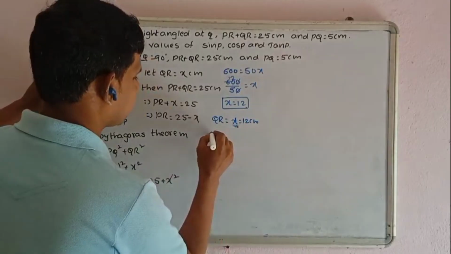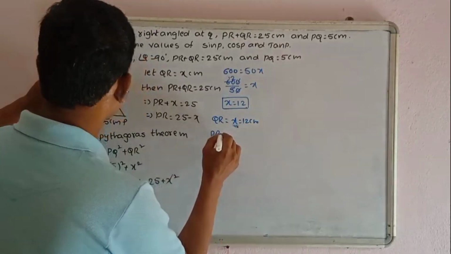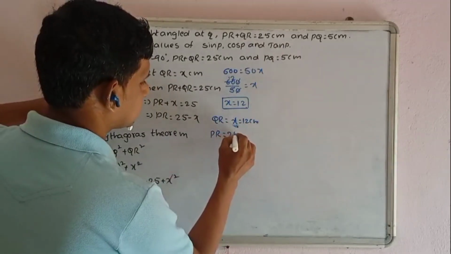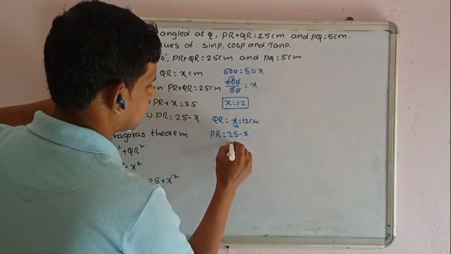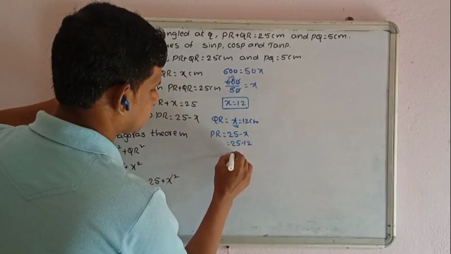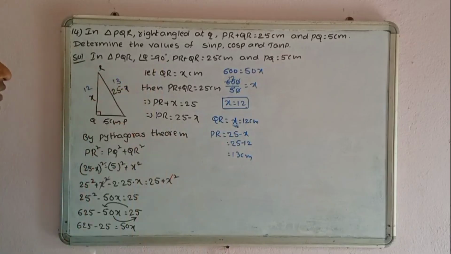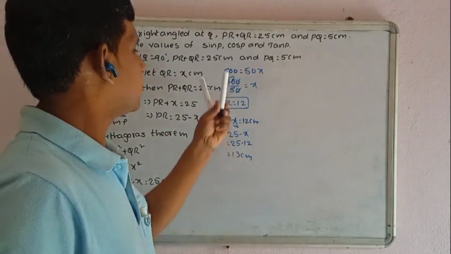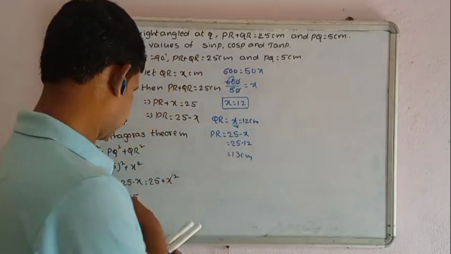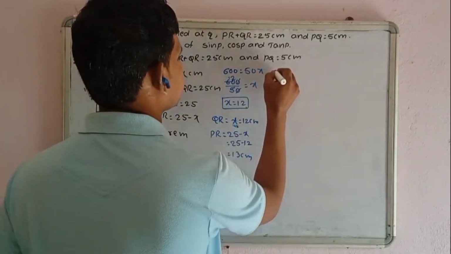And PR equals 25 minus x, so 25 minus 12 is 13 centimeters. So this is 12, this is 13. Now the first one is sin P. What is the definition of sin P?